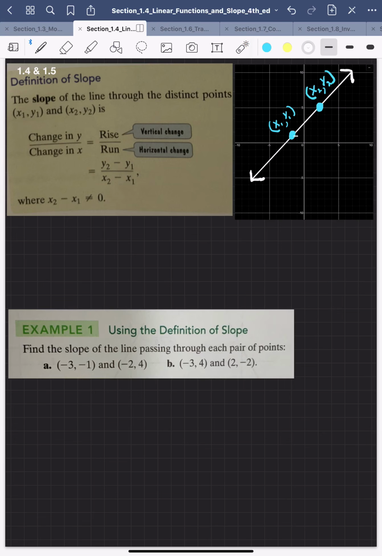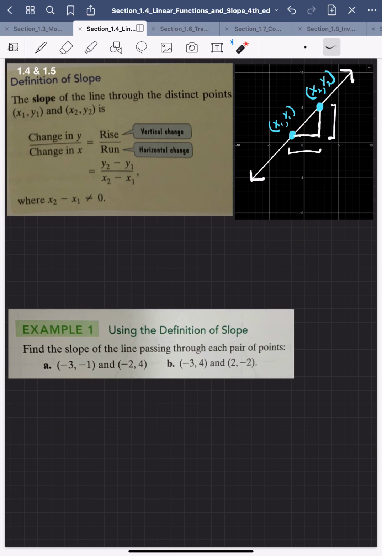You can imagine, to get from the first point to the second point, there's a change in the horizontal distance, right? And there's a change in the vertical distance. And here's what we're really trying to say: for every unit change in the horizontal distance, how much does the vertical distance change?